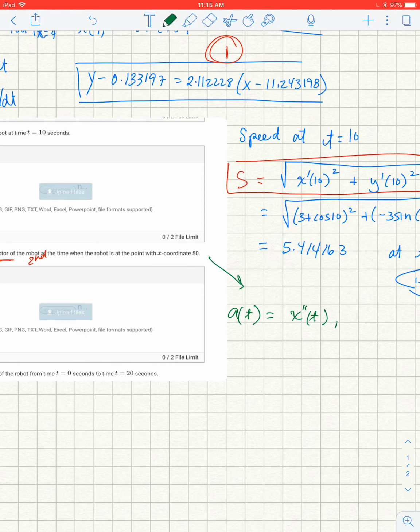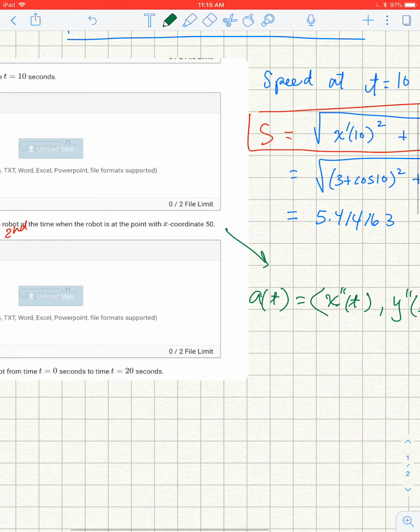And the reason why we don't have to really worry about doing much more than that is because they're asking for the vector itself. If they said for the acceleration, that would be different. But acceleration vector, you're just doing the second derivative of both x and y coordinates.